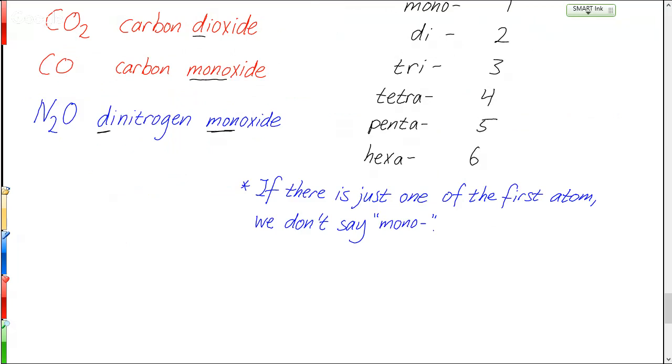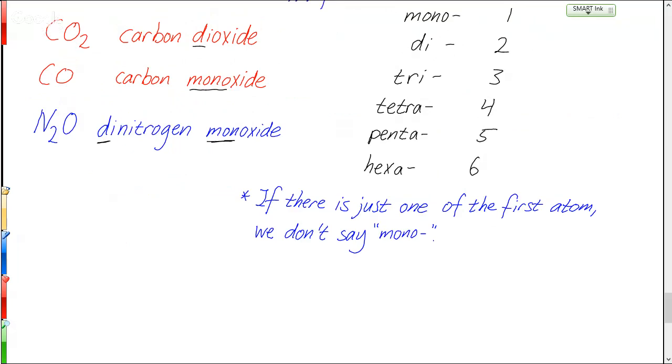Because most molecular compounds are going to start with just one of an atom. So if it was mono everything, it would be confusing, and if you wanted to look it up in a book, the M section would be enormous. So we just say carbon dioxide, we don't say monocarbon dioxide or monocarbon monoxide.